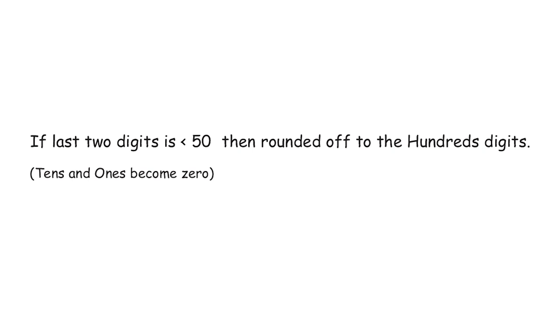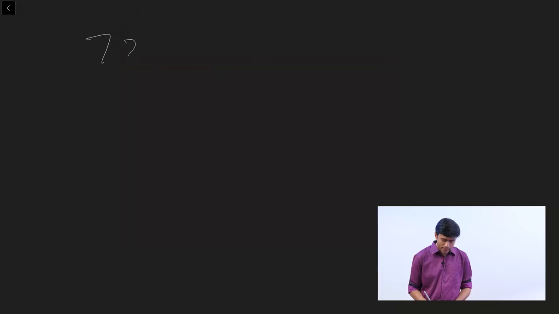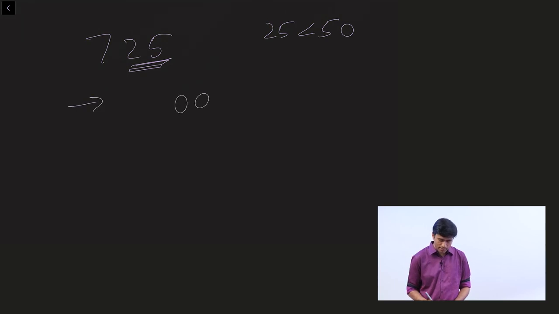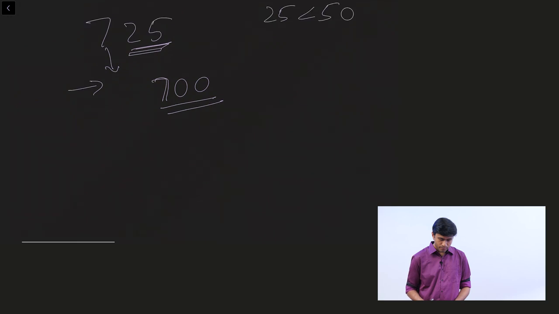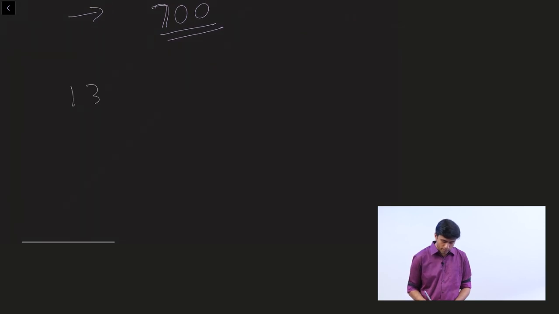For example, 725. Remember, you're looking at rounding off to the nearest 100. So look at the last two digits, 25. 25 is less than 50. So when you see it is less than 50, you just have to put 0, 0 in the ones and tens place and leave the hundreds place as it is. So it is 700. What about 1348?